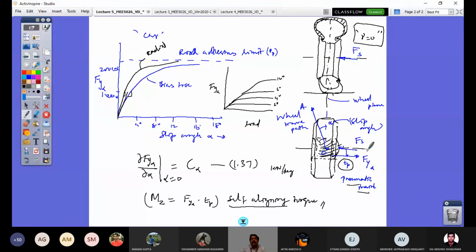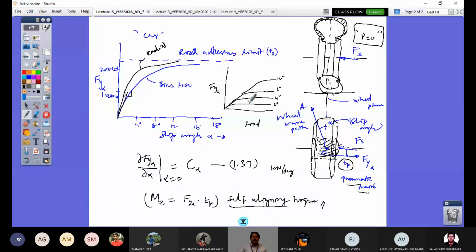That's the reason why your Fy alpha increases, right? And you would also see your self-aligning torque increases, but it is not going to increase forever. It is going to increase and fall down again. So that is what we will see in a while.